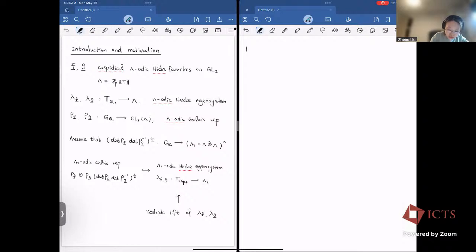If I have the ordinary Hecke algebra on GSp4 with a suitable tame level, I can map it to a tensor with the fraction field of Λ2, and then it will decompose into a component which corresponds to the Hecke eigensystem given by this Yoshida lift. And there is also a remaining part.